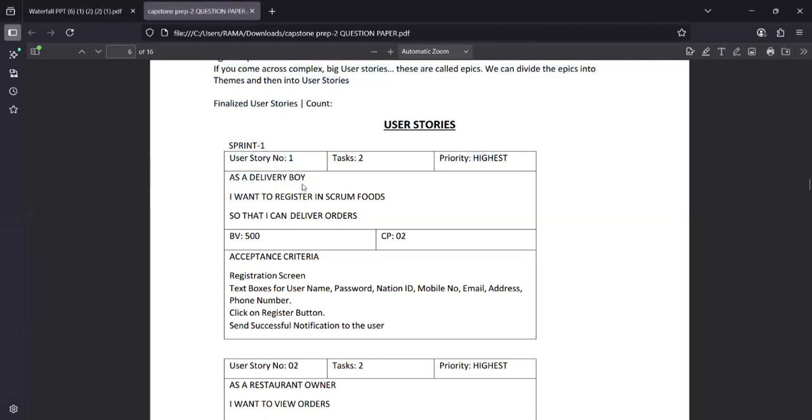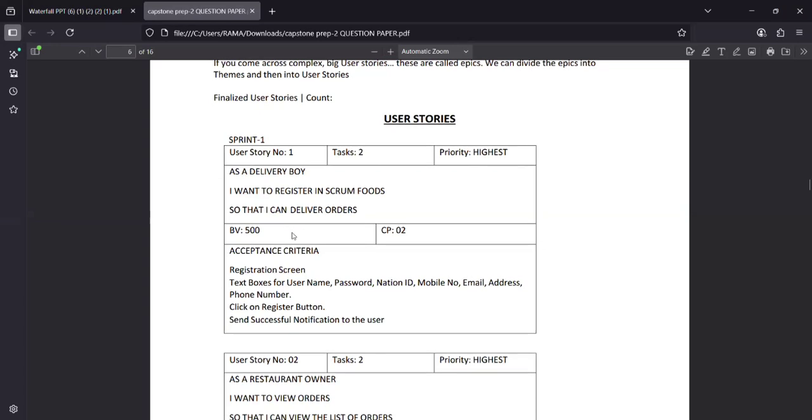For example, as a delivery boy I want to register in Scrum Food so that I can deliver orders. In this format only you need to write all 40 user stories.